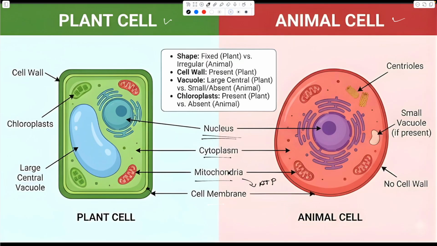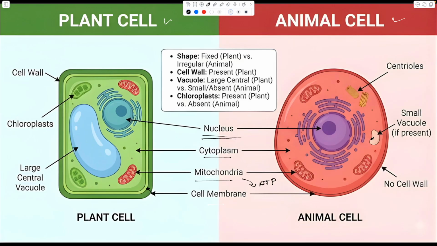However, there are sharp contrasts between the two cells too. For example, chloroplast isn't found in animal cells, but it is found in plant cells. This is where photosynthesis takes place. What is photosynthesis, by the way? Photosynthesis is the process by which plants make their own food using sunlight.